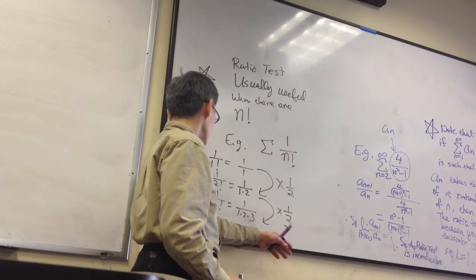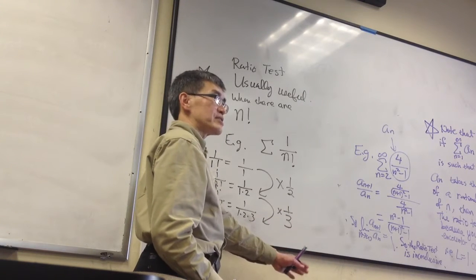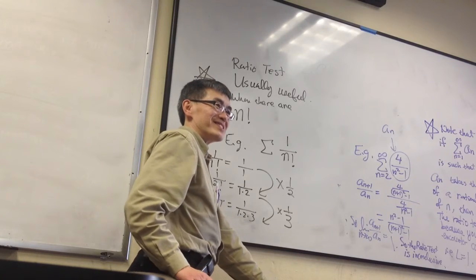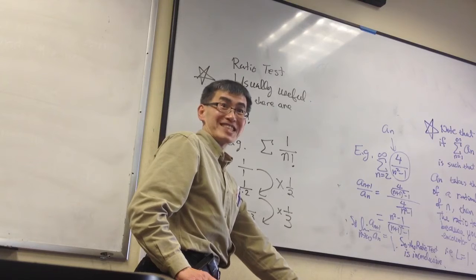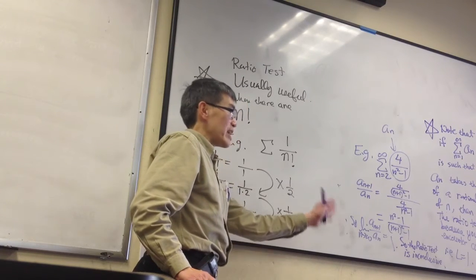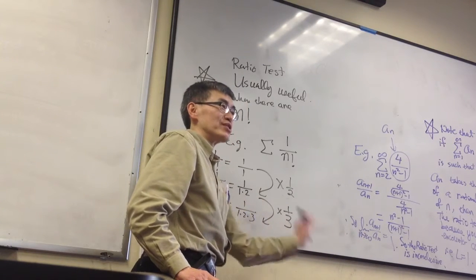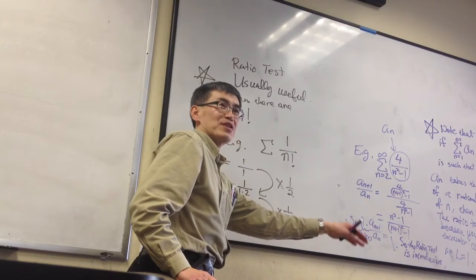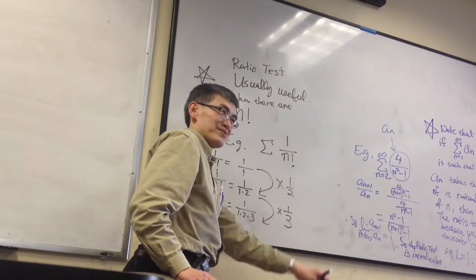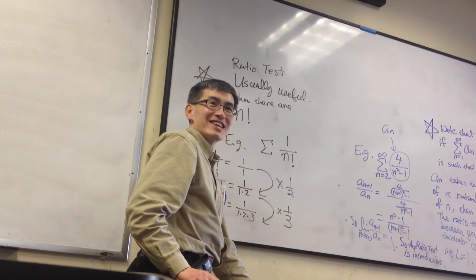Now, so what? In going from, say, A10 to A11, you multiply by what? 1 over 11. Right? In going from A99 to A100, you multiply by what factor? 1 over 100. So you see that it drops off very quickly.